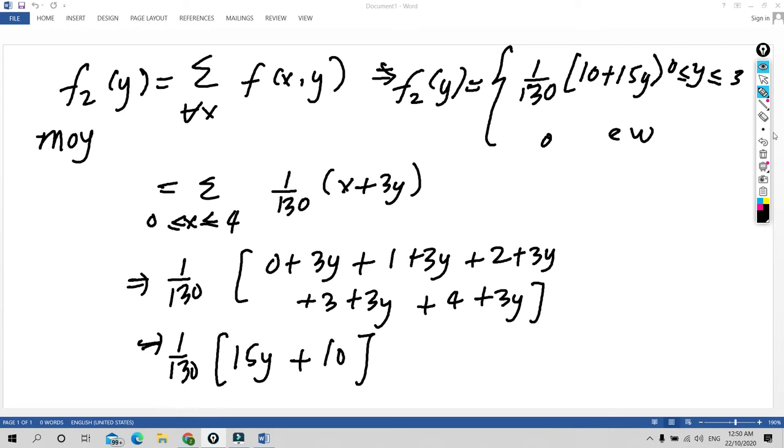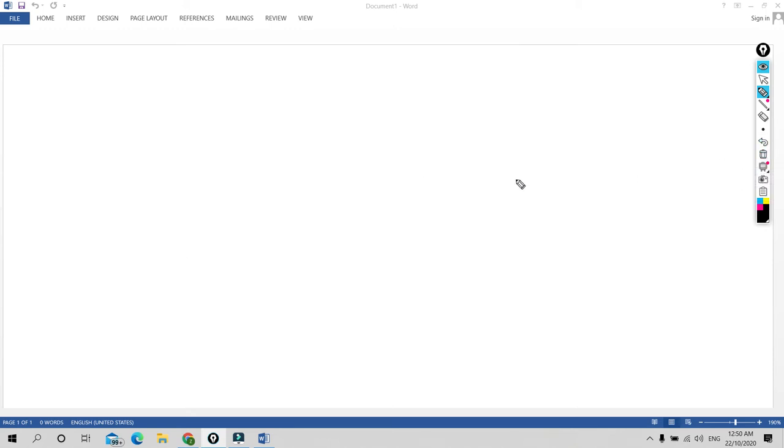Now the other topic, after the joint probability function, is the conditional probability function.